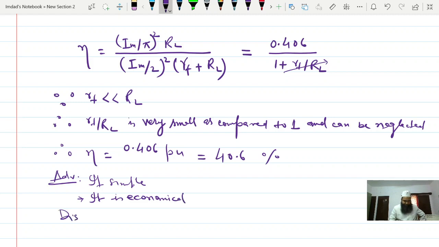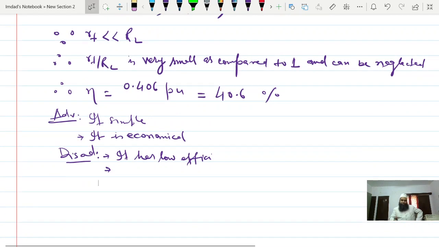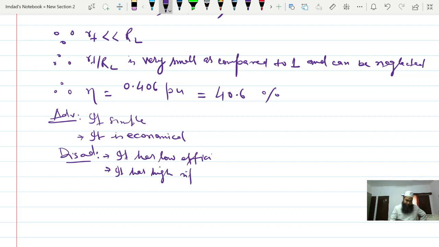What is the disadvantage? The disadvantage is it has low efficiency, and since half the cycle is 0 and half the cycle has pulsating DC, it has high ripple.